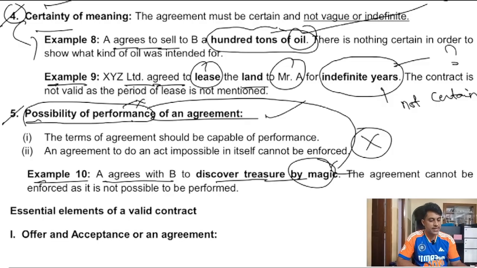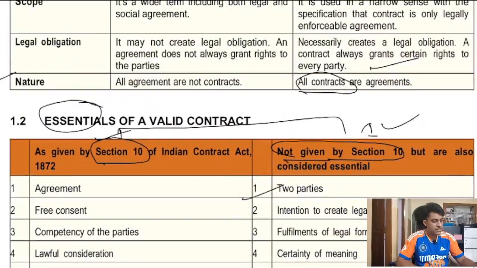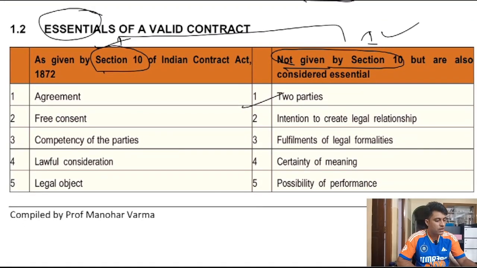That is why there has to be a possibility of performance. So these are very simple points. Basically we have completed this one, the one which is not given by section 10. These are very general points. This we would have discussed in our previous lectures also, so I have quickly revised it.